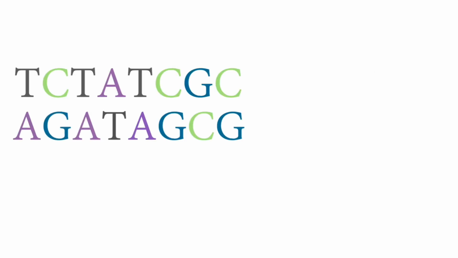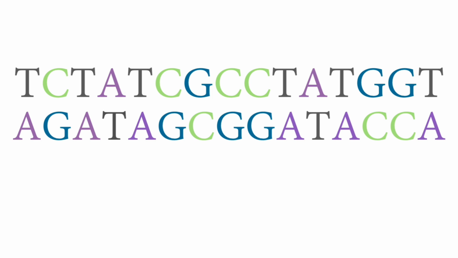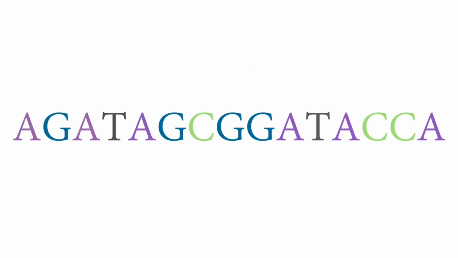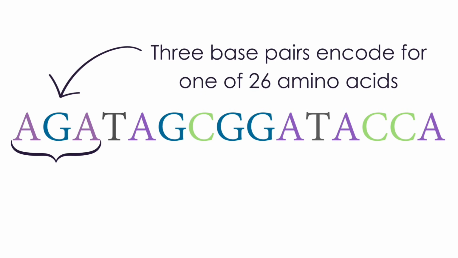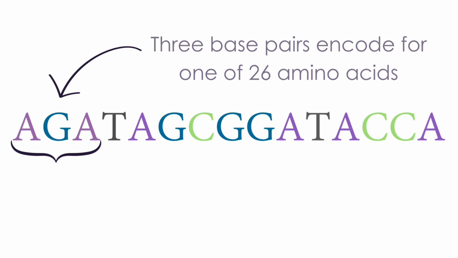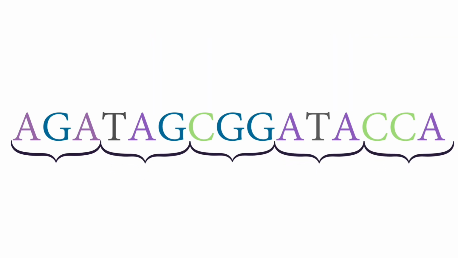So if we take a look at our DNA, we see that we have one strand, and this is going to encode for a protein product. So the way that we turn DNA into protein is that our bodies read it in 3 base pairs. So 3 base pairs encodes for one of the 26 amino acids, and it's specific, the sequence to the amino acid.